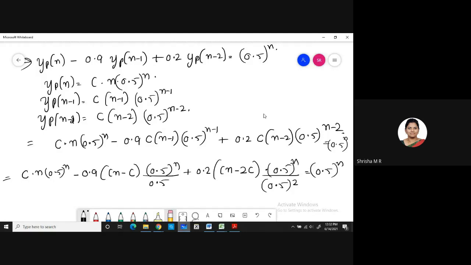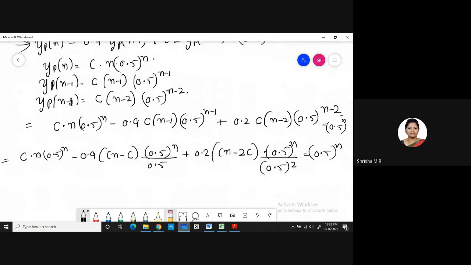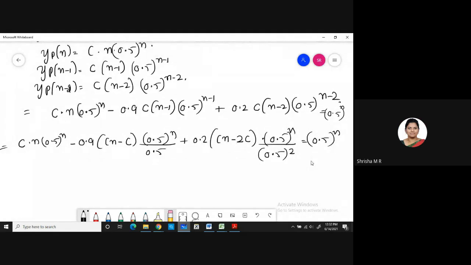Is it clear? Yes, ma'am. Others, is it clear? Yes, ma'am. So now we can take 0.5 to the power of n common, right? It is common to both LHS and RHS, so it will get cancelled. So we can cancel out this 0.5 to the power of n on both the sides.